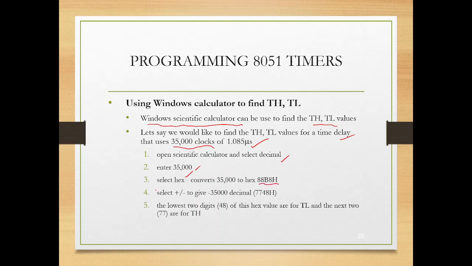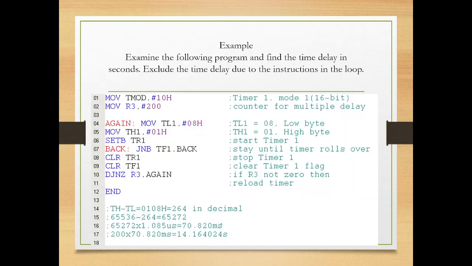Then select plus or minus to make the decimal value negative, and minus 35000 in decimal gives 7748H. So the low byte is 48 and the high byte is 77, saved in TL and TH. This is how to calculate the values for TL and TH.